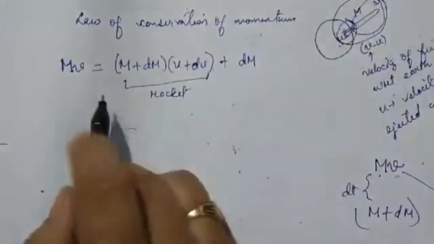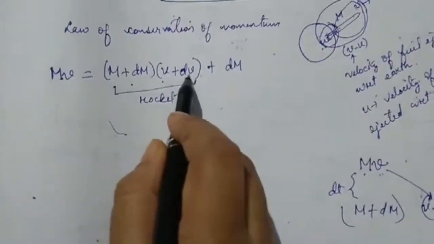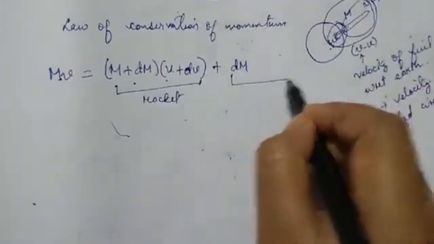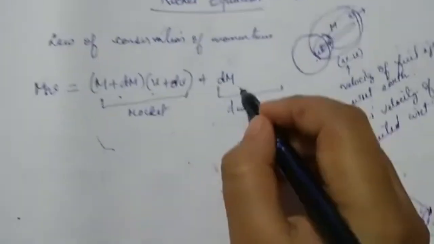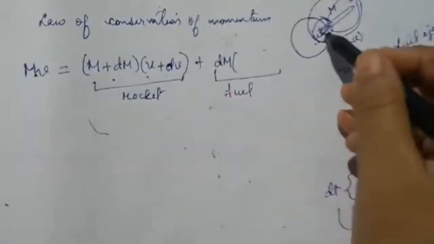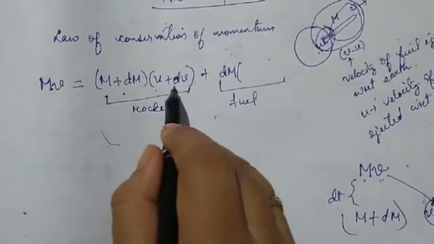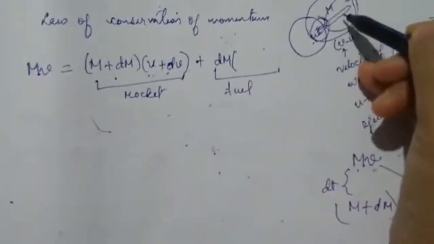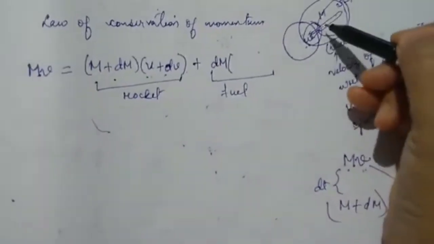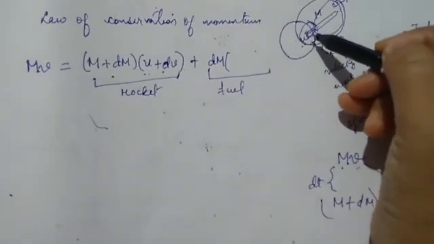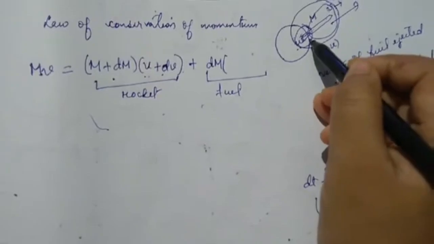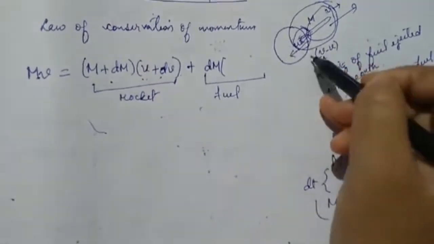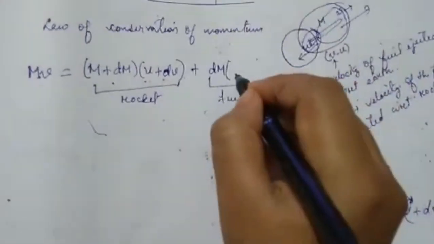For this system it is (m plus dm) into (v plus dv), plus now we need to write for the fuel: dm into, now what is the velocity? See, v plus dv is the velocity of the rocket with respect to earth, away from the earth, and the velocity of the fuel with respect to earth is nothing but v minus u.